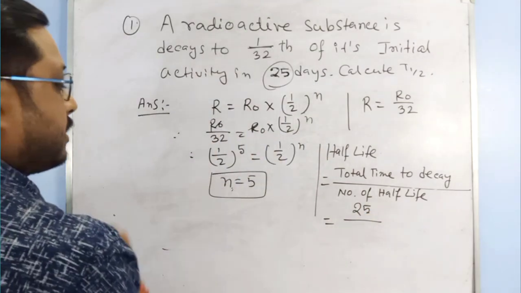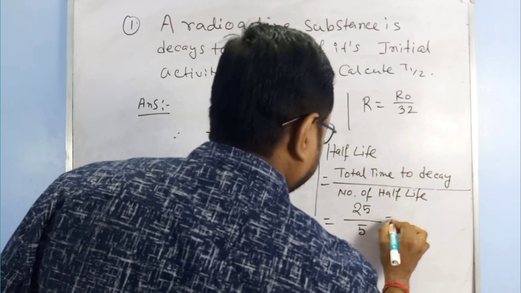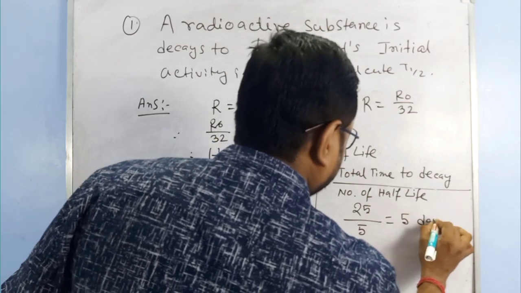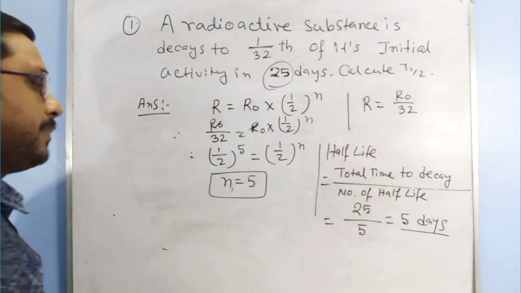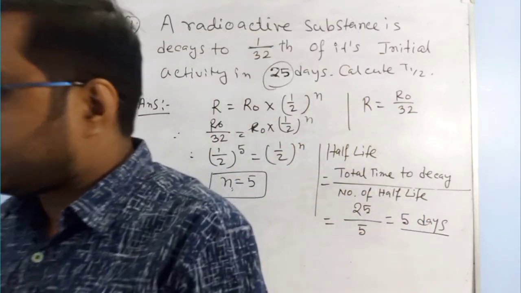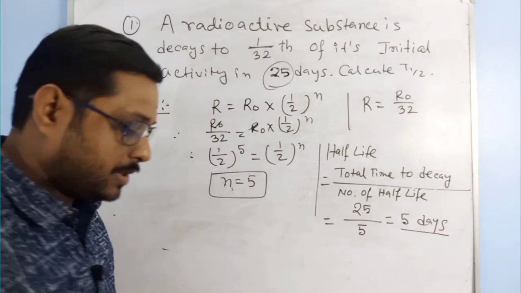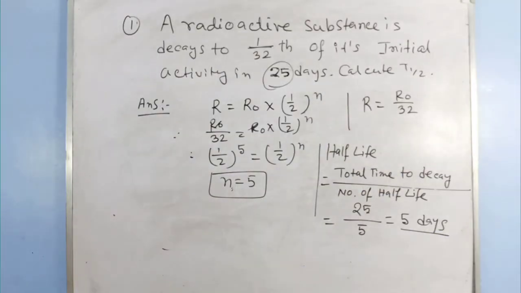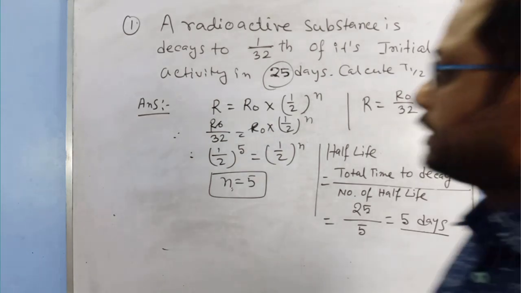And what is the number of half lives? 5. So we can get 5 days. So the value of T half is 5 days. Again, I hope you all understand it. Next, we will go with some numerical examples.